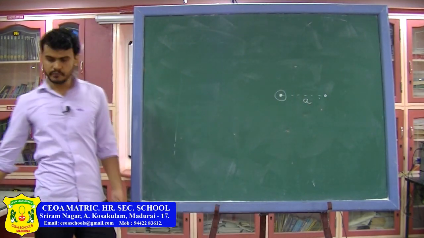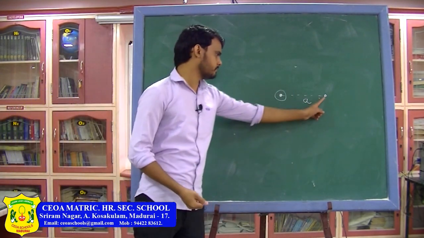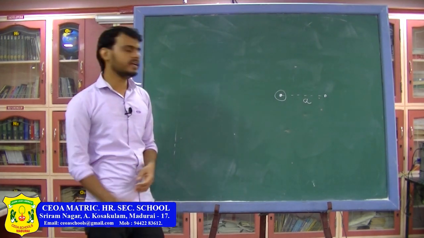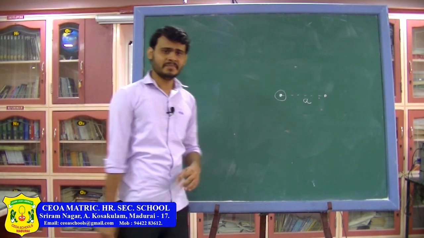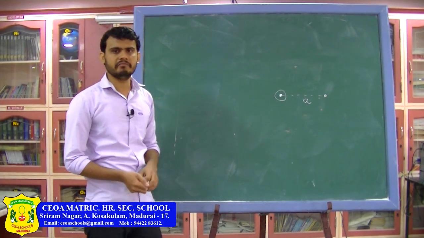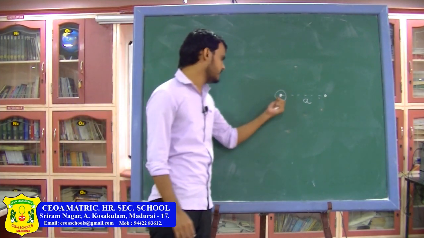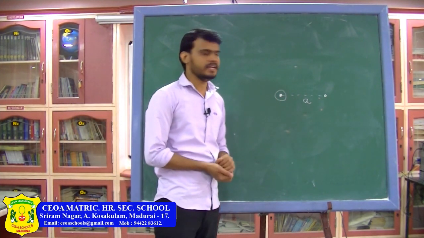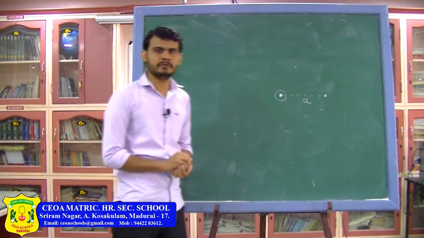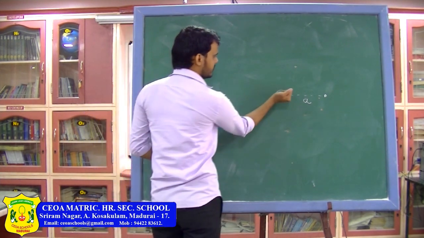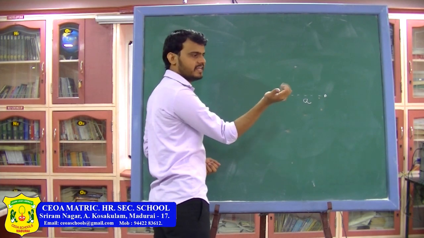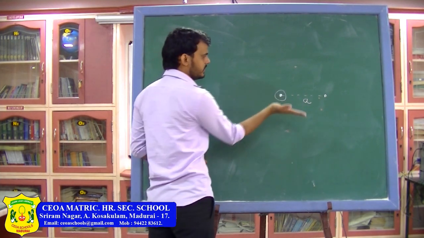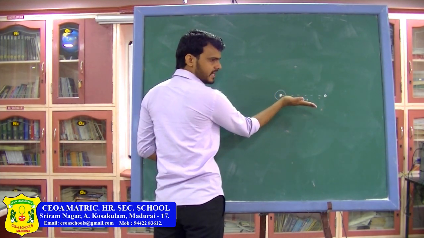Here also, to find the magnetic field at this point, the process will be similar to what we used in Gauss's law. First we find the direction of the magnetic field. I told you that to find the direction of the magnetic field due to a current carrying straight wire, you can use the right hand palm rule. According to the right hand palm rule, if I keep my thumb in the direction of the current and fingers in the direction of the point, the direction of the palm will give me the direction of the magnetic field.